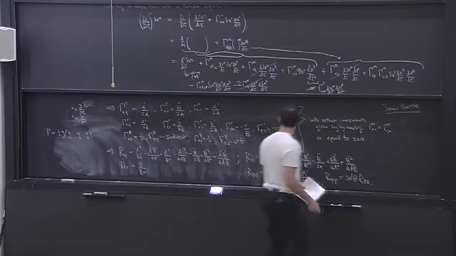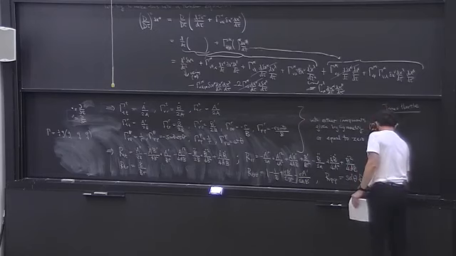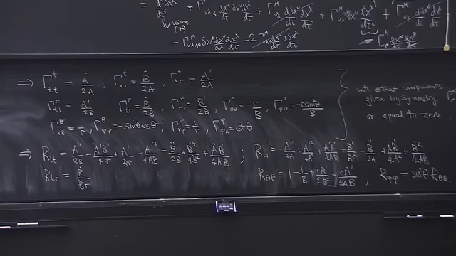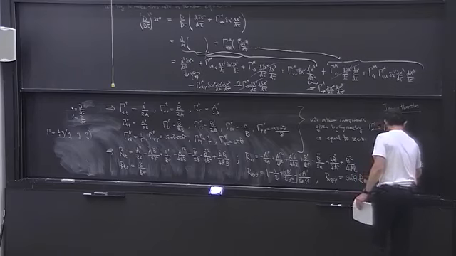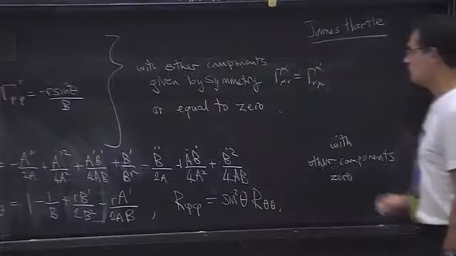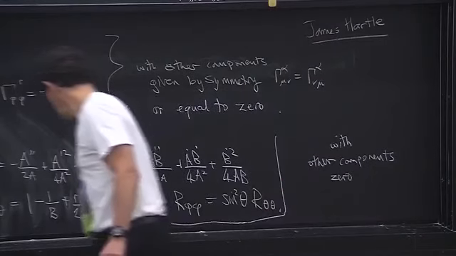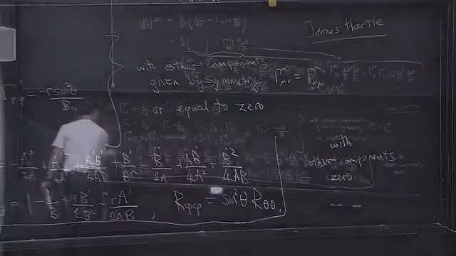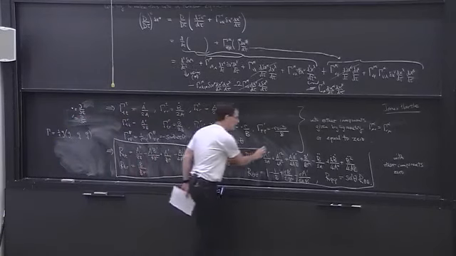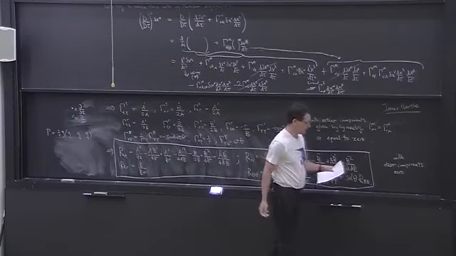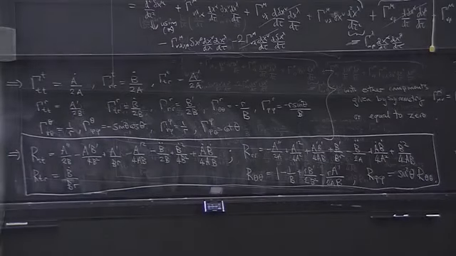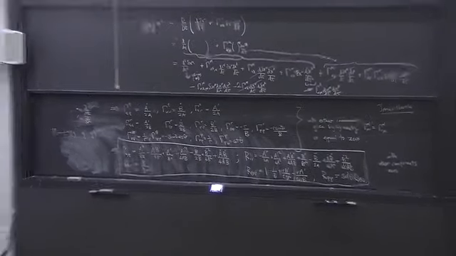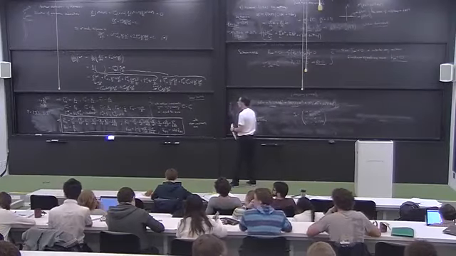So that's it. The other components are 0. So these are the Einstein equations for spherical symmetry. Now, even though they look ugly, the consequences are amazing.